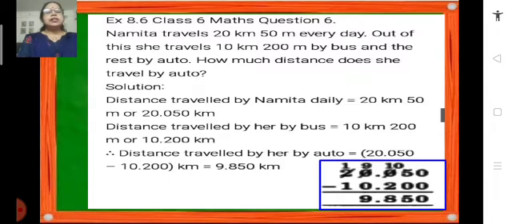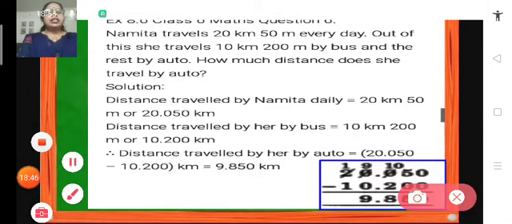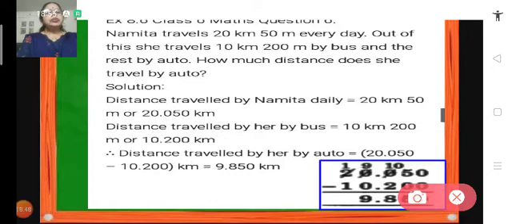Question number 6. Namita travels 20 kilometers 50 meters every day. Out of this, she travels 10 kilometers 200 meters by bus and the rest by auto. How much distance does she travel by auto? What is the distance she travels daily? It is 20 kilometers 50 meters, or we can write it as 20.050 kilometers, isn't it?